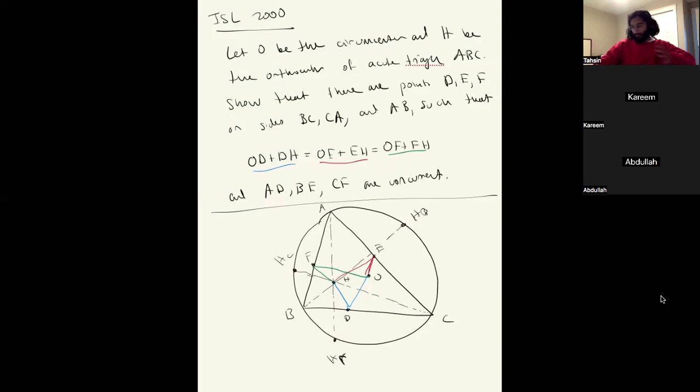The idea here is, if you draw the reflections, you can actually get a good guess of what D, E, and F are supposed to be.